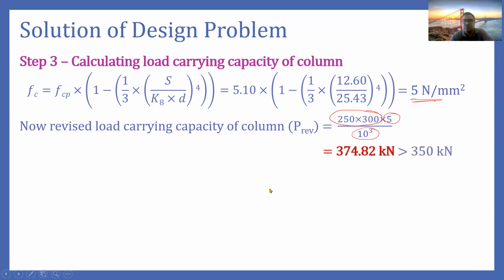The value is 374, as you can see here, and this is still higher than 350, so we can say that it is on the safer side. The load carrying capacity of the column which we design should always be higher than the required load carrying capacity. So our condition is satisfied.